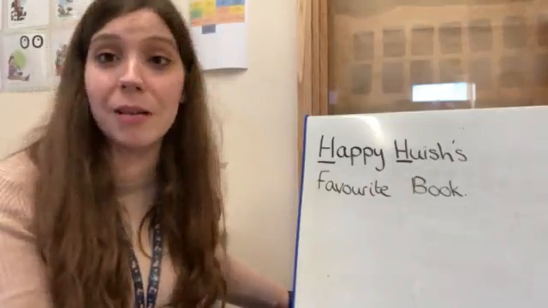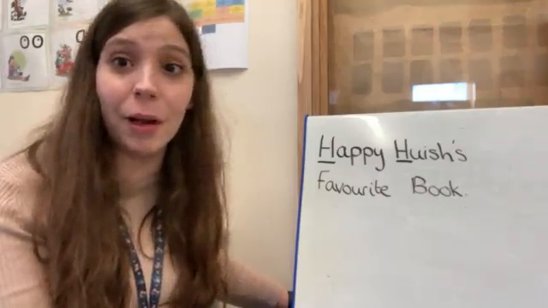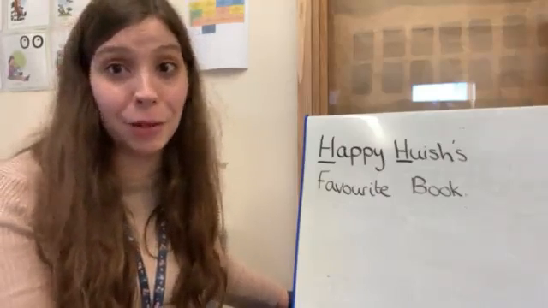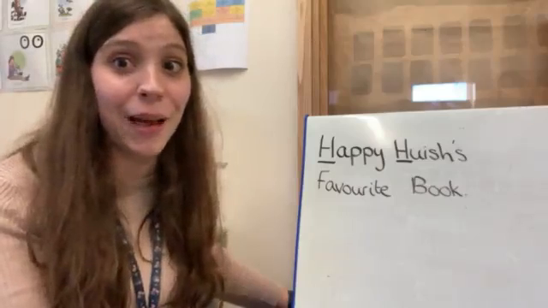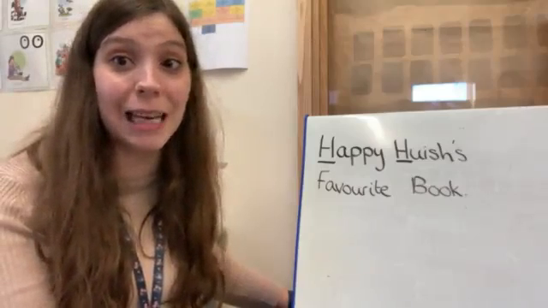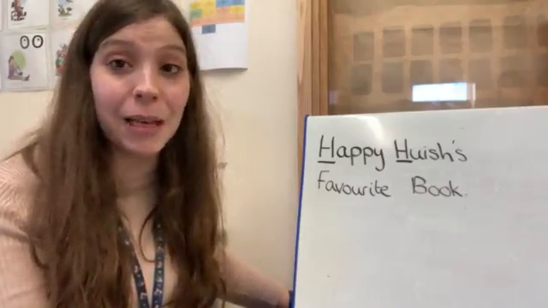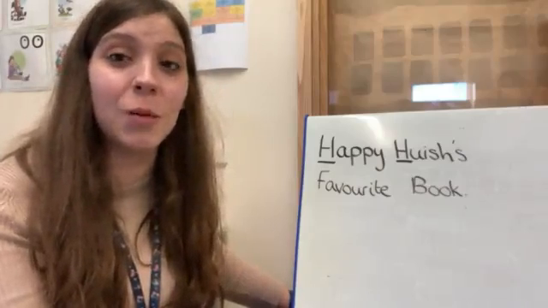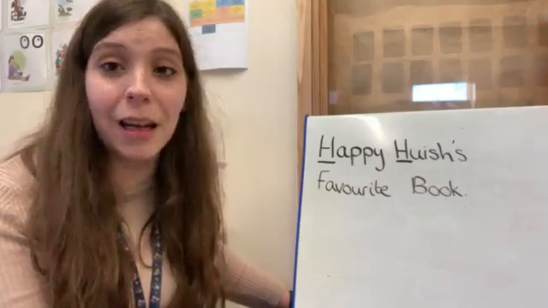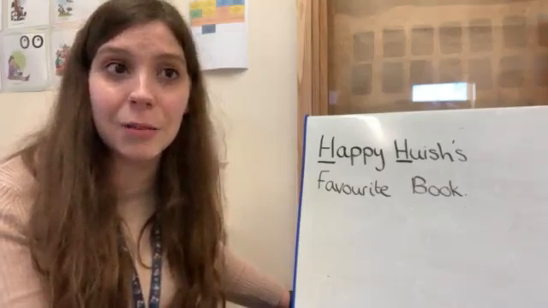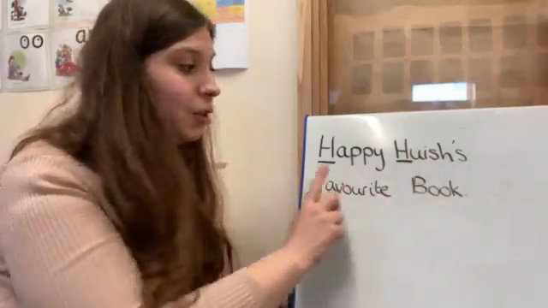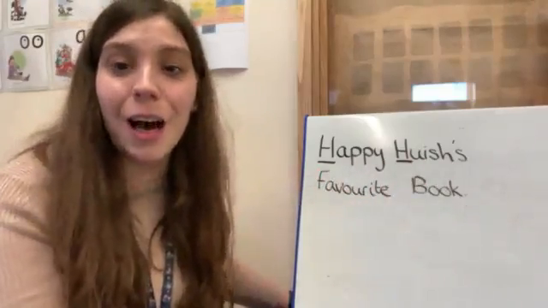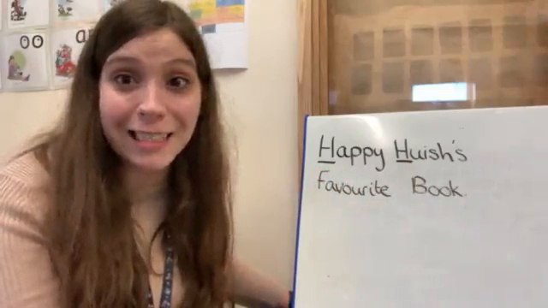Okay, so if it was Bill, you might be Bendy Bill's favourite book, because Bendy begins with a B and Bill begins with a B. If it was Sarah, you could have Silly Sarah's favourite book, because Silly begins with a S and Sarah begins with a S. Okay, so whatever your name begins with, I want you to think of another word that begins with the same sound or letter as the initial sound in your name, and then you're going to change it into your favourite book. I can't wait to see what ideas you come up with.